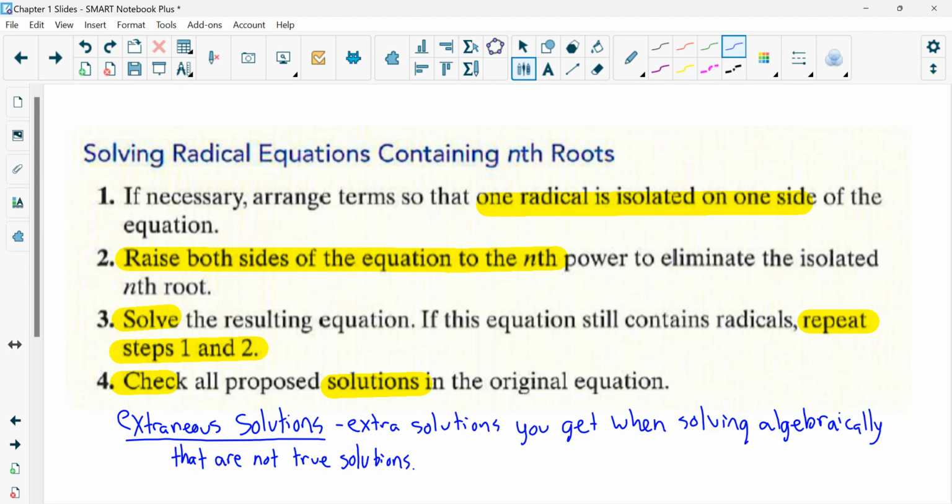So when you go back to check them, they don't check. They're not really a solution.